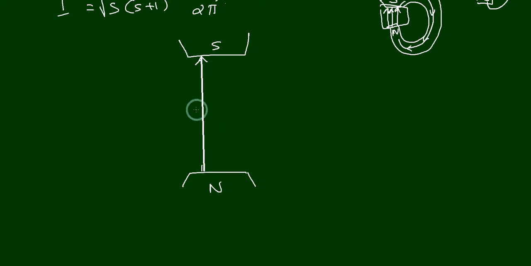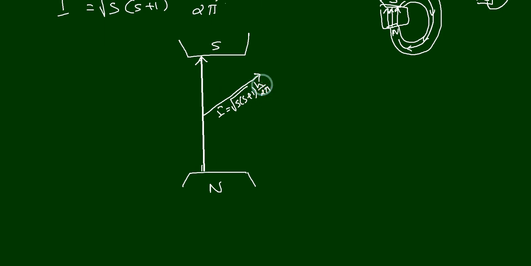Suppose that this is the spin angular momentum. Spin angular momentum is a vector and this is represented by I, and its value is root of s into s plus 1 into h divided by 2 pi.